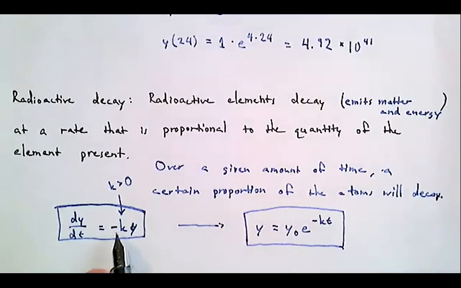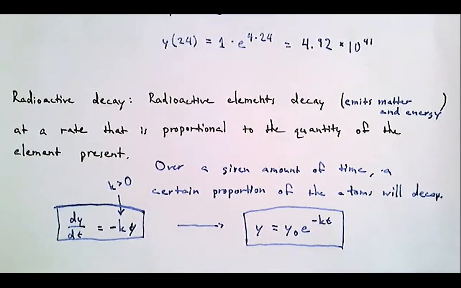So just make sure you remember that there's going to be a minus sign because we're talking about decrease. A negative slope means your function is decreasing. And that's why we get a negative up there in the exponent as well.